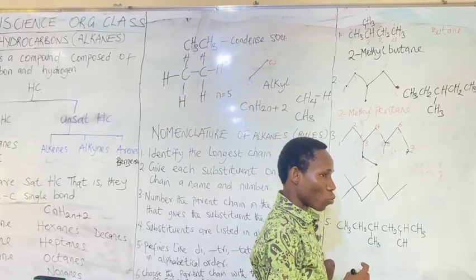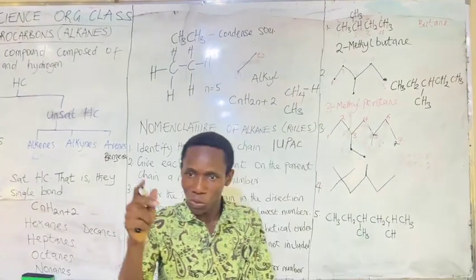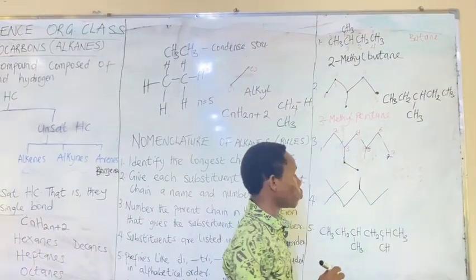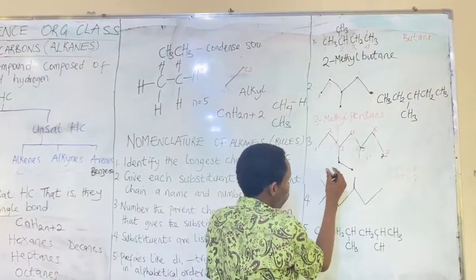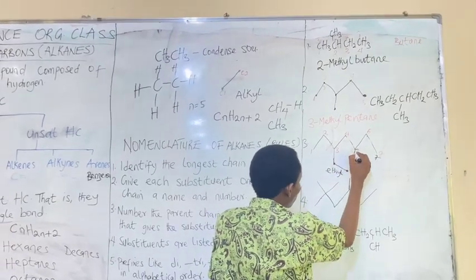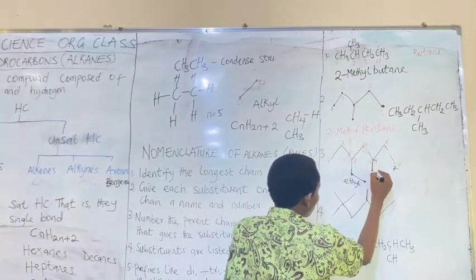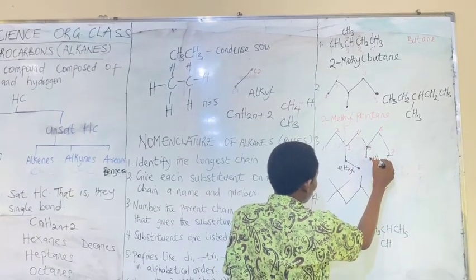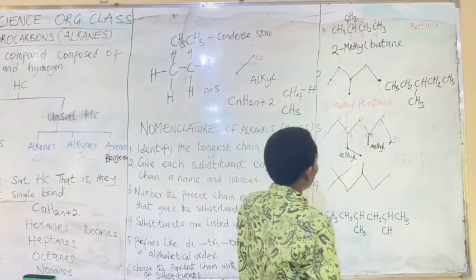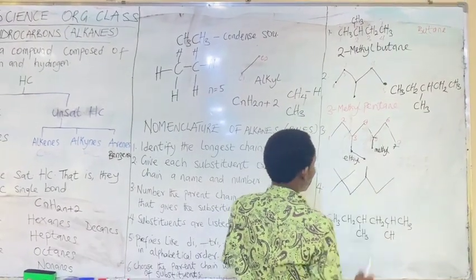It means 1 hydrogen has been what? Has been removed. Thank you. So removal of 1 hydrogen makes it an alkyl group. This is no longer ethane, but what? Ethyl. This is ethyl. Why this one? Just 1 carbon is what? Methyl. This is what? Methyl. E comes before what? M.